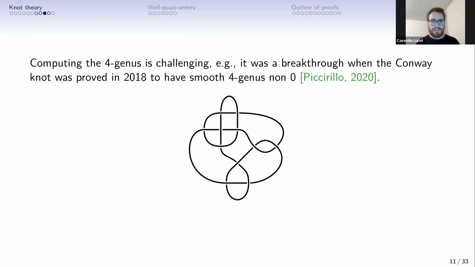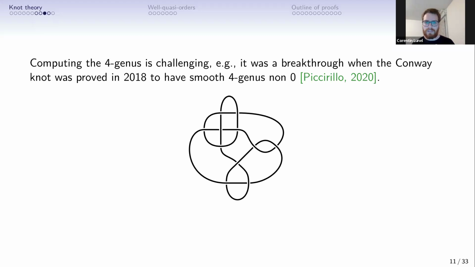And to illustrate how hard these problems are, I want to take the example of the Conway knot. So this is a Conway knot. It has only 11 crossings, and it was proposed by Conway more than 55 years ago. And we know that it has been shown early that its topological four genus is 0.